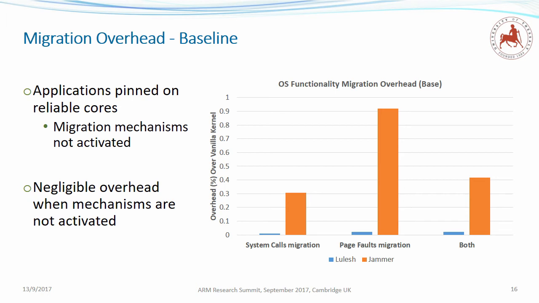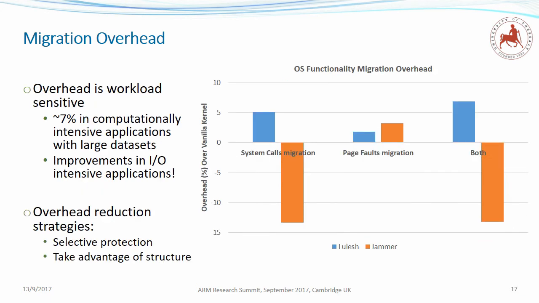Now, if the mechanisms are just there and they are not used, they don't incur high overhead. When they are used, the picture is different. So focus on the blue bars, which correspond to Lules, and this is the representative behavior. We have overhead, and the overhead is around 7% in this case. I have added the results for Jammer just to show that funny things may happen.